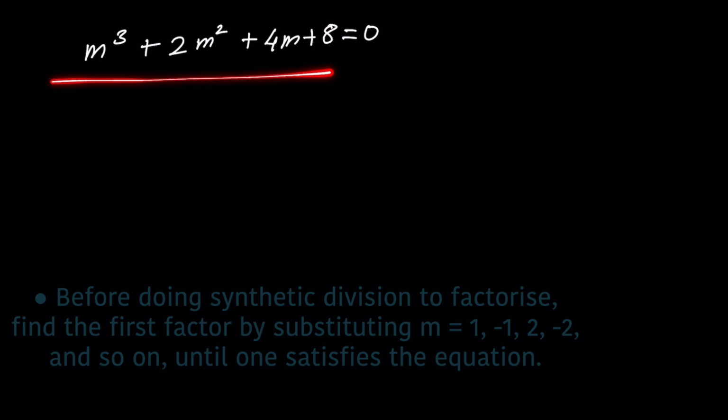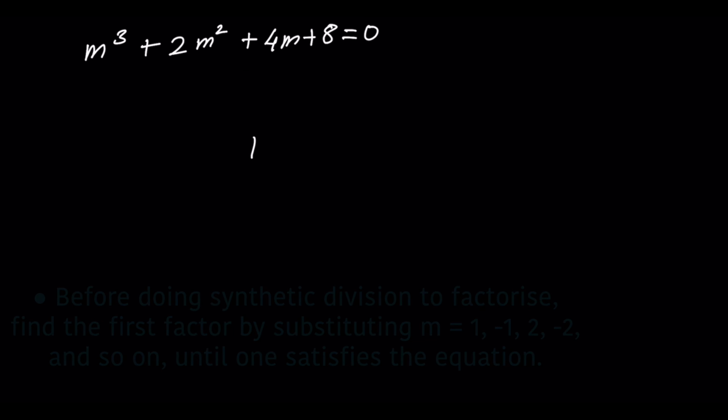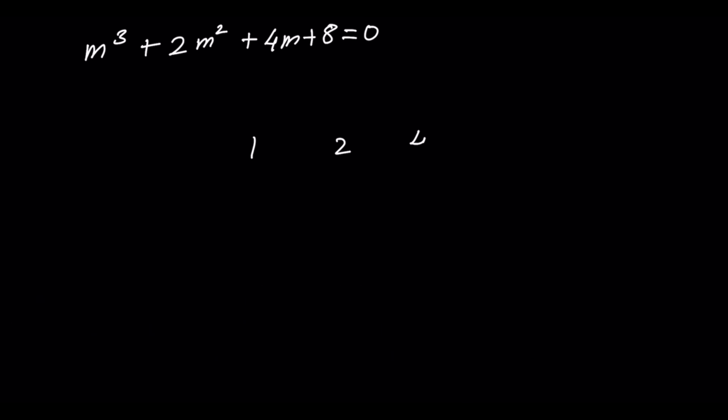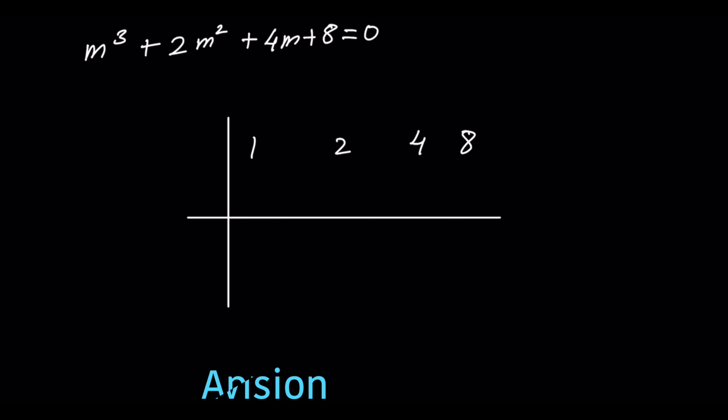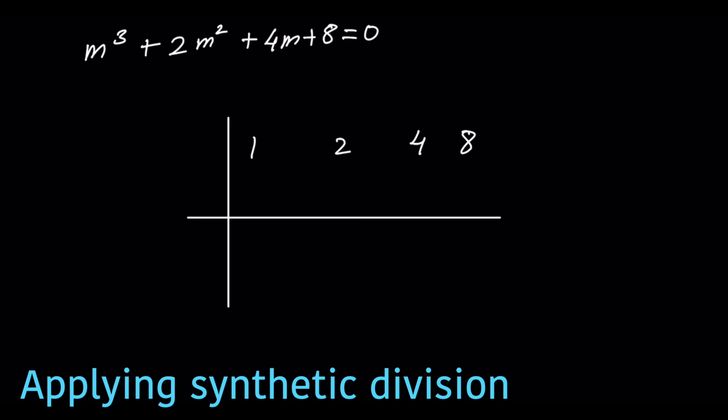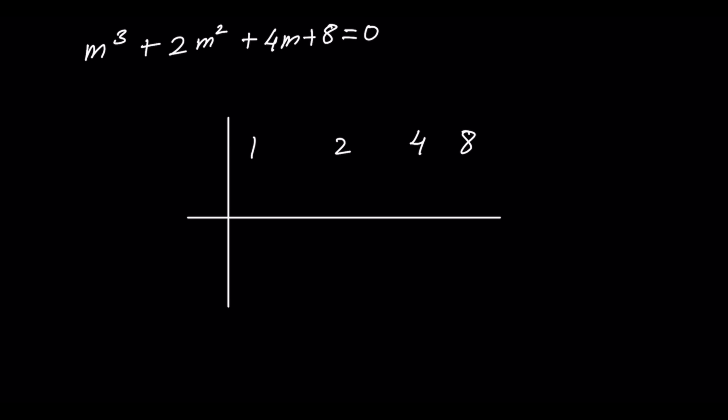We're going to be writing the coefficients of this cubic expression here, and then apply the synthetic division like this. We're going to be writing the first root here, which was found out to be m is equal to -2. Writing -2 here.